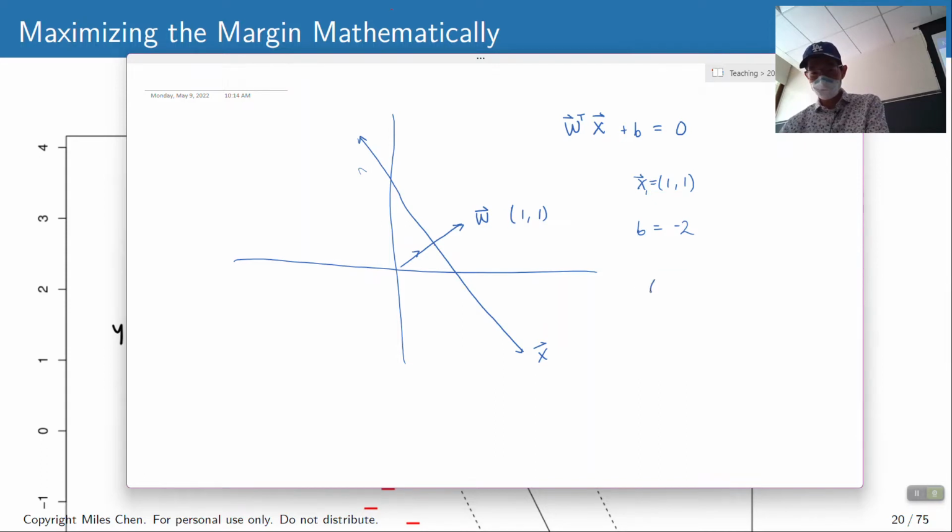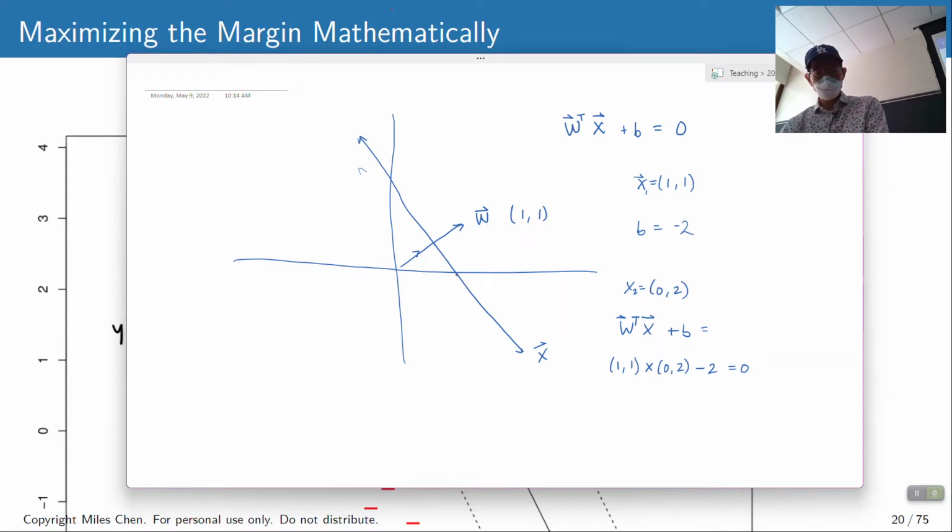We could have X equal to 0, 2, and if I do W transpose X plus B, where B is equal to -2, I'm going to have 1, 1 times 0, 2, and this will equal 0.